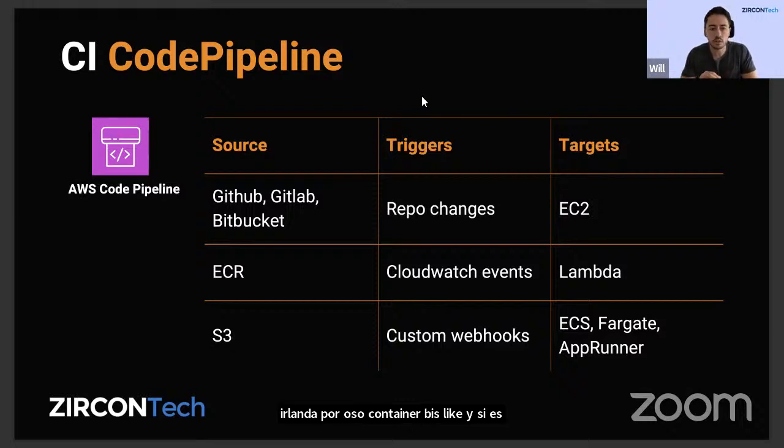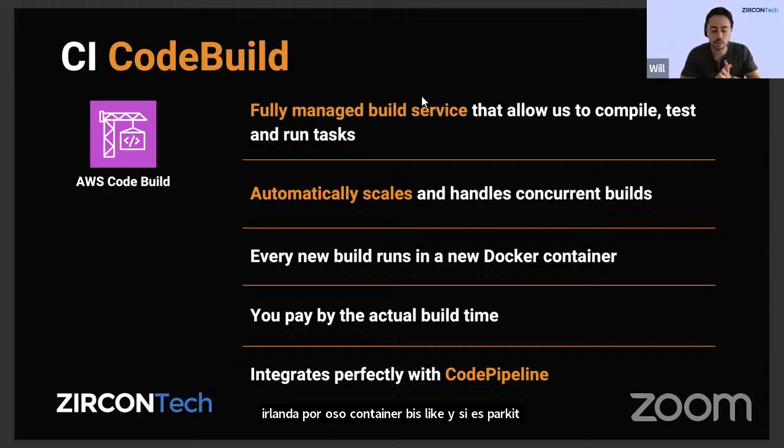So while Code Pipeline helps us to orchestrate the different steps on continuous integration, we have also Code Build as an essential tool that will help us to actually perform the tasks on every step along the way.